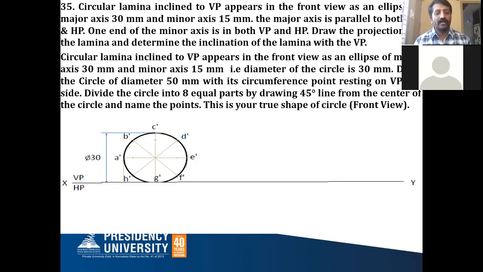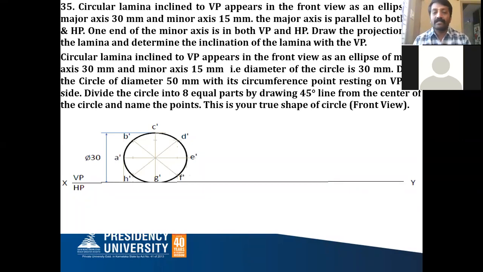A square lamina looks like a rectangle. One example we have discussed. And an isosceles triangle looks like an equilateral triangle. One example we discussed. Similar to that, here a circle looks like an ellipse in this second position, that is, in the front view he has given. And one more thing, he has not given the diameter of the circle. So how to find out the diameter of the circle?